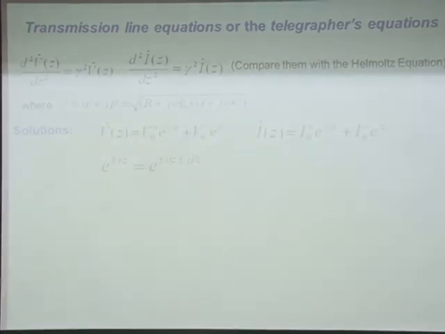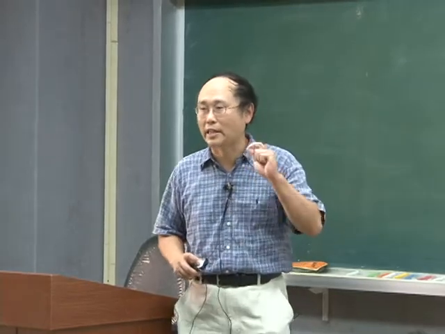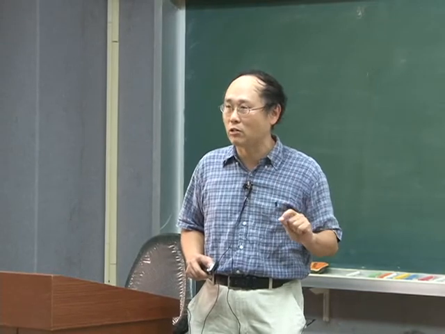Okay, but one thing you have to be careful: this gamma value could be imaginary, could be a real number. And last time I told you and actually wrote down the derivation for you that the real part of this gamma is responsible for the attenuation of the signal along a passive transmission line.